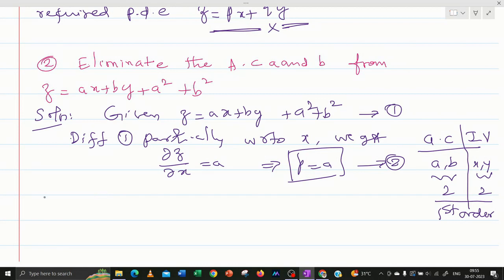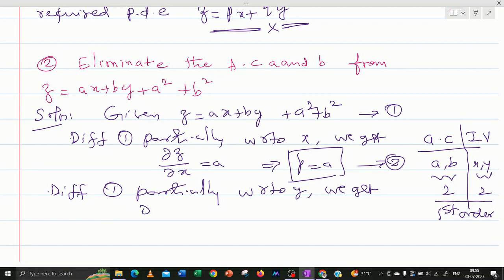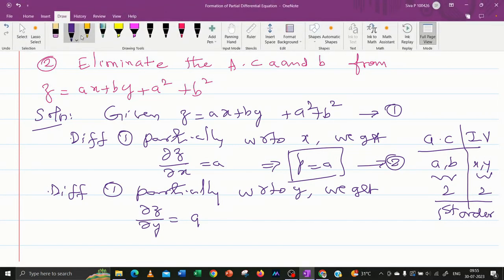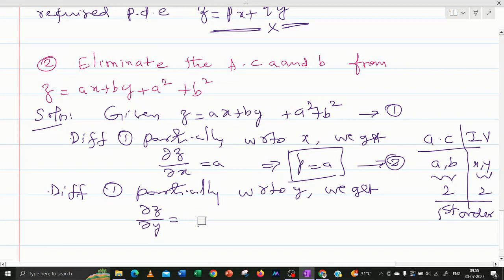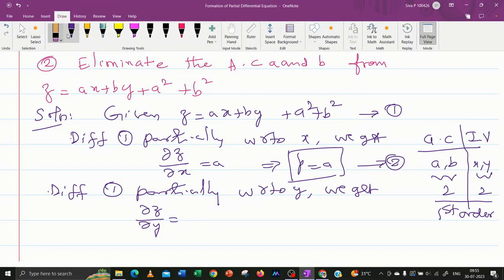Similarly, differentiating 1 partially with respect to y, we get dou z by dou y equal to b, that is q.